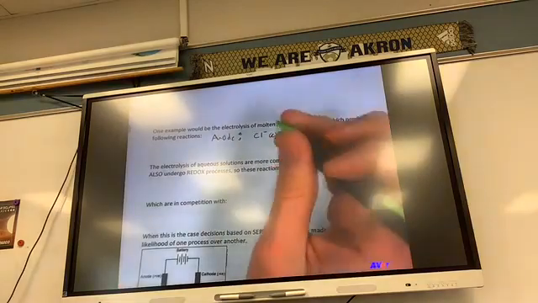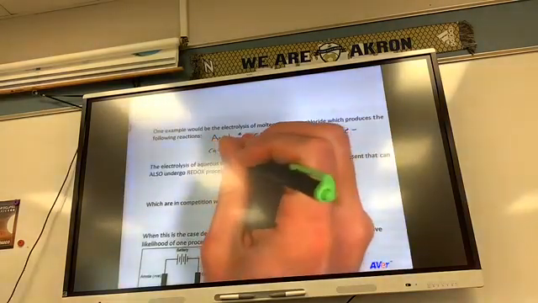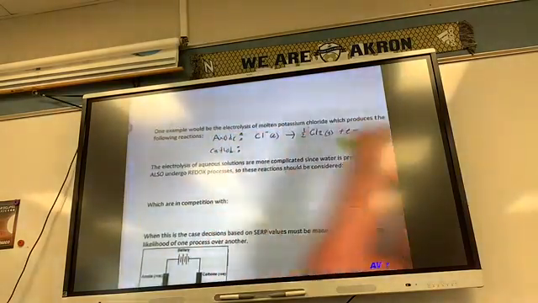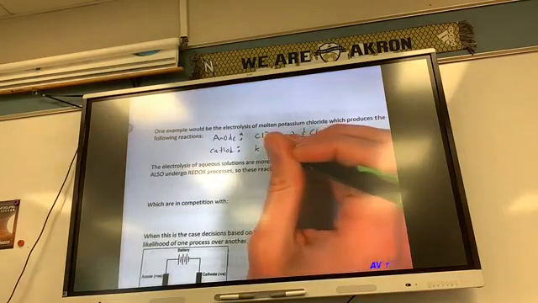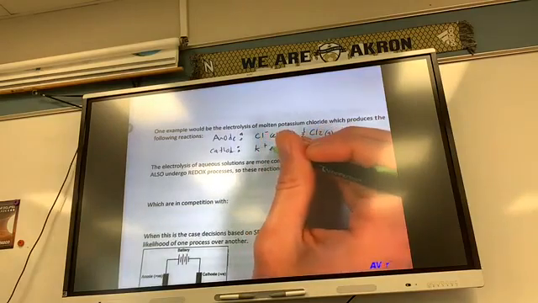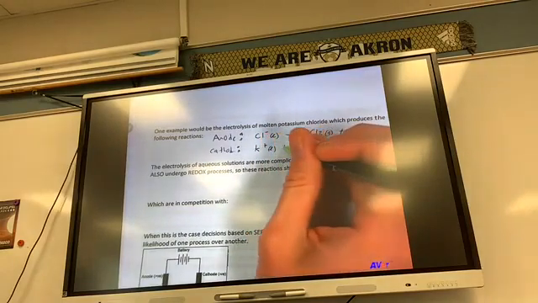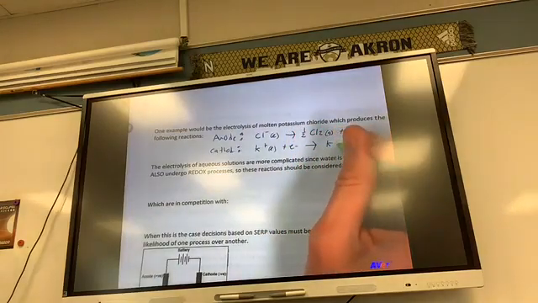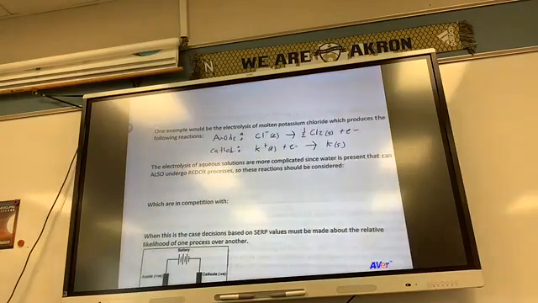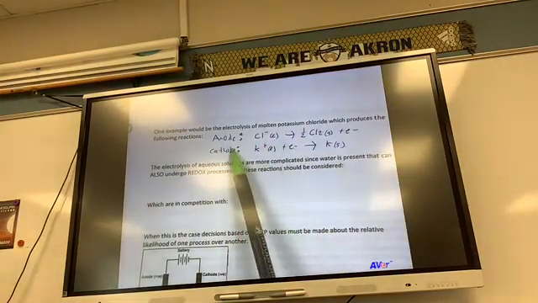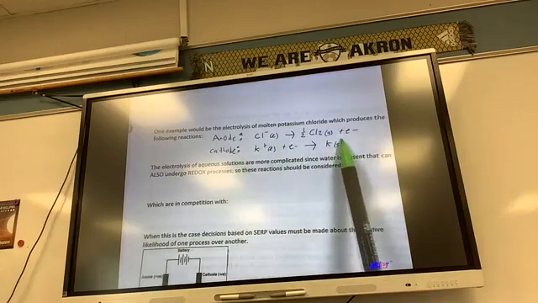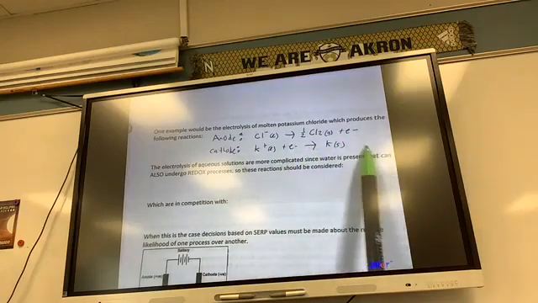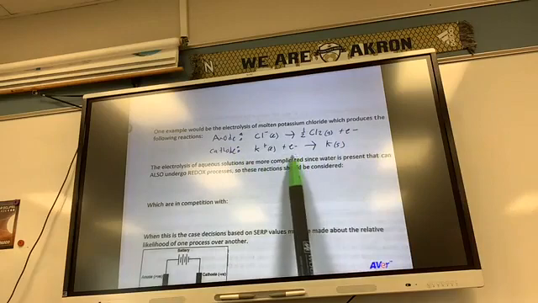At my cathode, I have potassium ion, which is a liquid, plus an electron, yields potassium solid. So you can see the anode is doing what with the electron? It's losing, yes? The cathode is gaining. This is the exact opposite of what we've been doing the last 3 days.